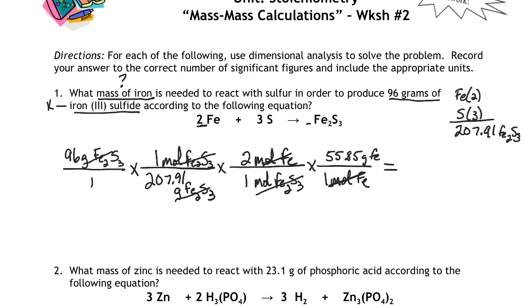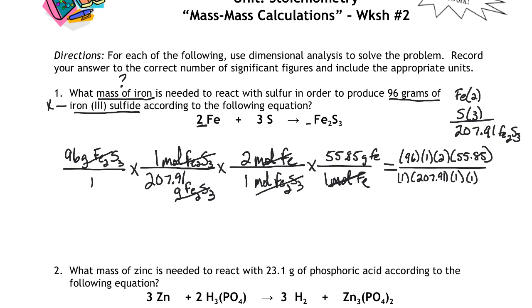So to calculate this, it's going to end up being 96 times 1 times 2 times 55.85, divided by, and of course it'd be 1 times 207.91 times 1 times 1, which of course is going to just give you 207.91.